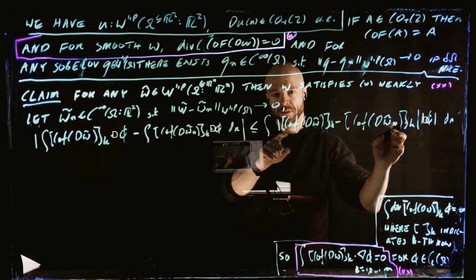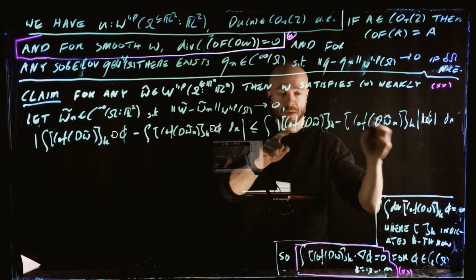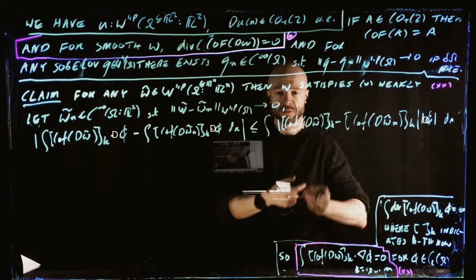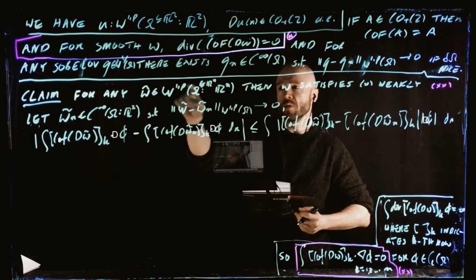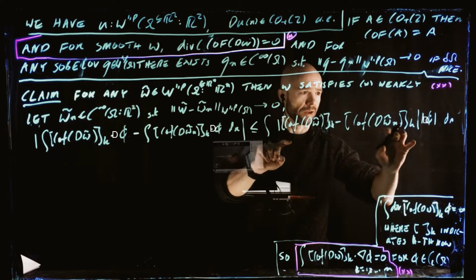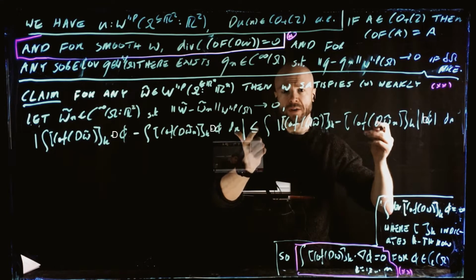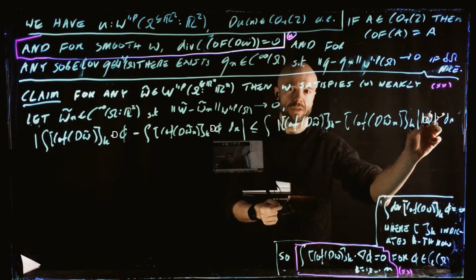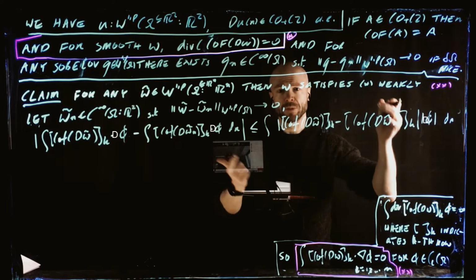Everybody happy with this? In higher dimension, the cofactor matrix is a product of partial derivatives, and then we have to think about what p we require in order to be able to control that. But we're doing this in the simplest way, it's just 2 by 2, so any p equal to 1 or bigger is fine. Because this thing is just a C infinity function, we can even bound it just by its sup norm.